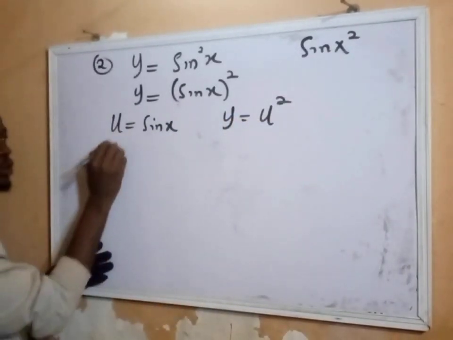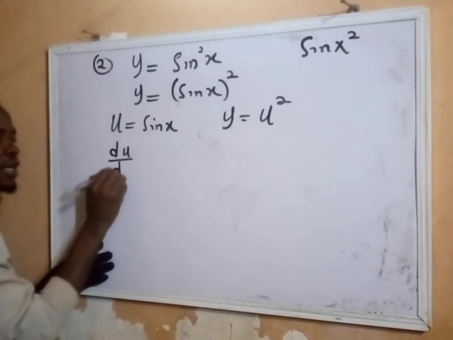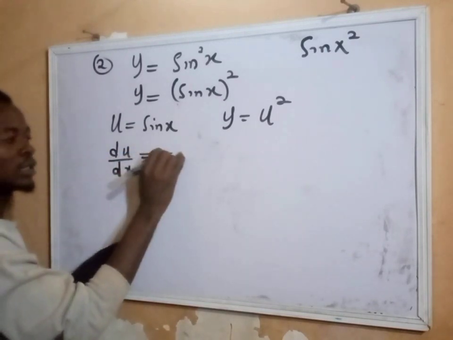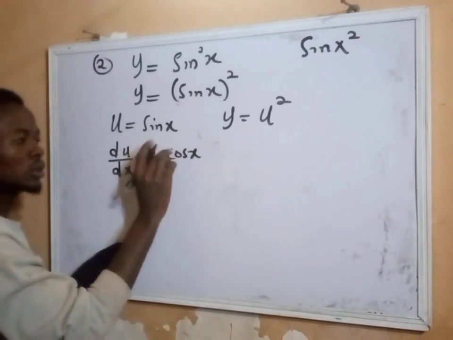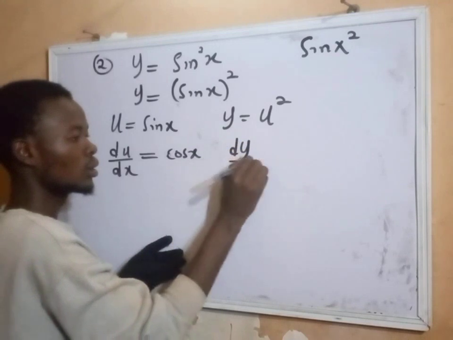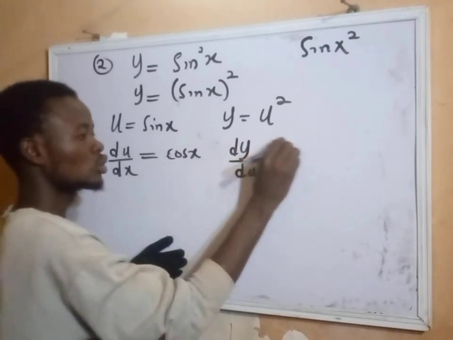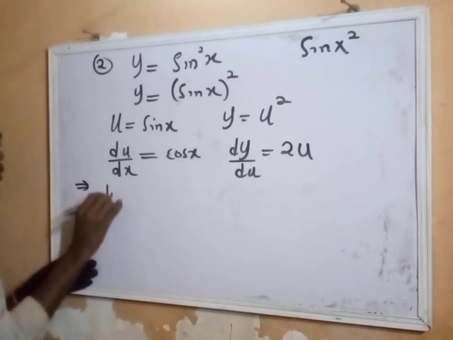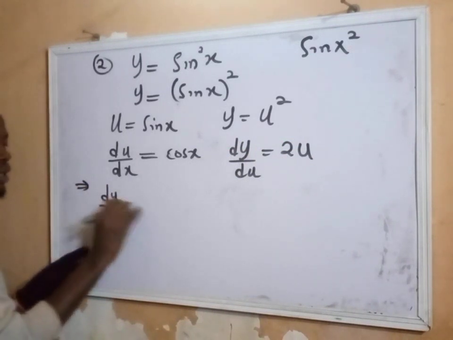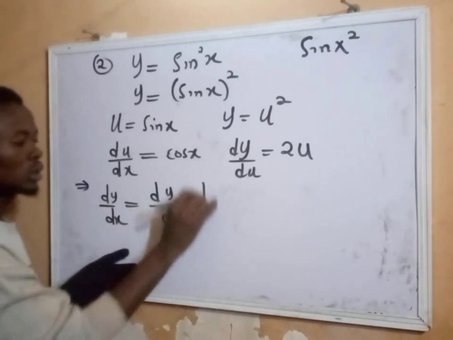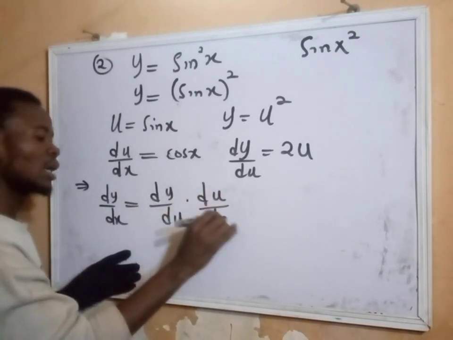So differentiating this, we are going to have du divided by dx equals to the derivative of sine x, that is cos x, right? And the derivative of y with respect to u equals to 2u. Then to obtain dy divided by dx equals to dy divided by du dot du divided by dx.